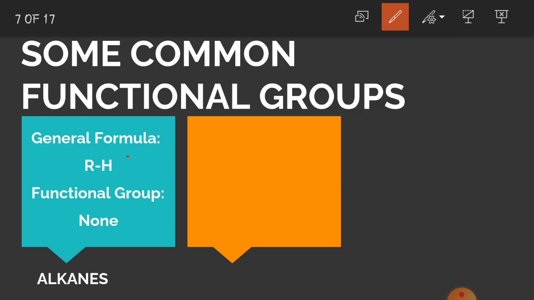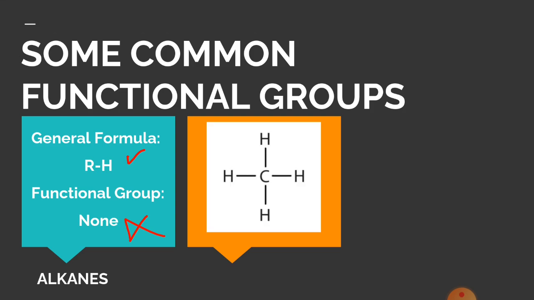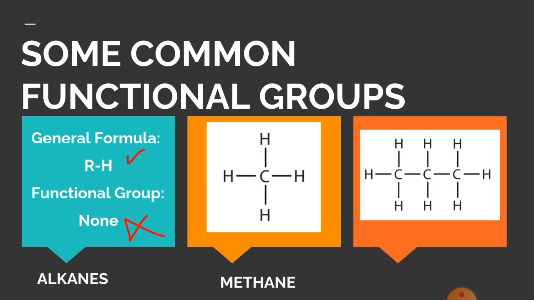So for alkanes, the general formula is R-H, and there is no other functional group because it is a pure hydrocarbon. Examples of alkanes include methane as well as propane.